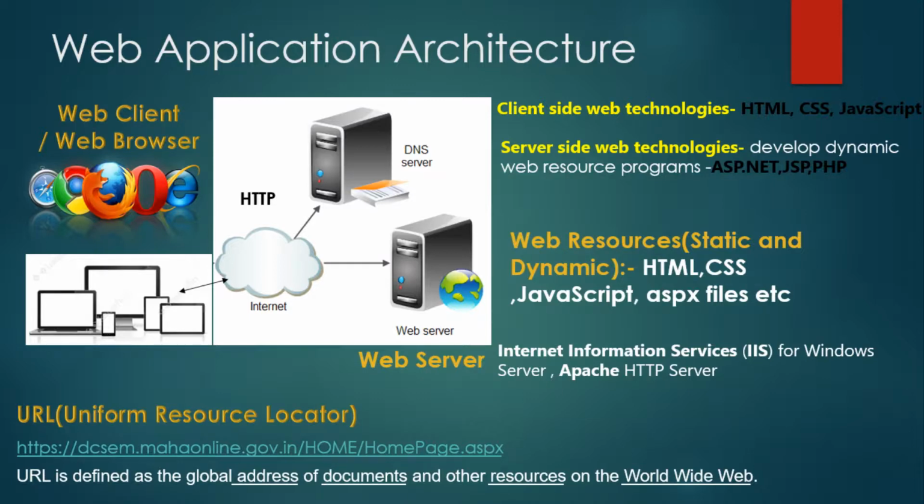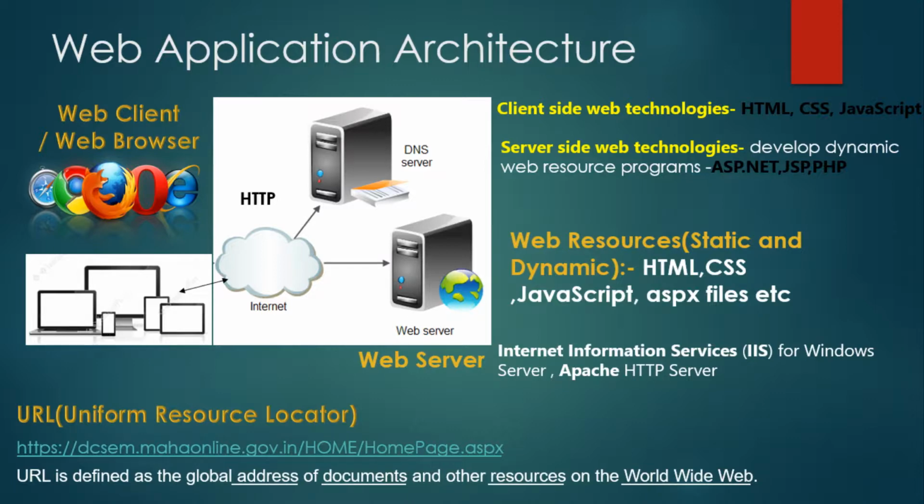So where are those web resources present? They are present on the web server. So when we deploy our application, it will be deployed on a web server that contains all these web resources, like static files such as HTML, CSS, and dynamic files like ASP.NET files, or if you are using PHP then .php extension, if you are using JSP then .jsp extension.